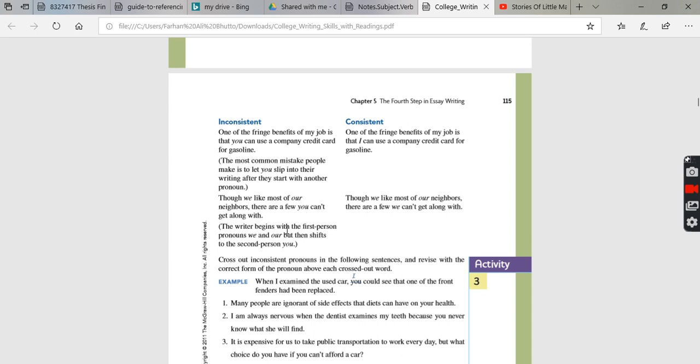So the writer begins with the first person pronouns we and our, but then shifts to the second person you. Correct sentence would be, though we like most of our neighbors, there are a few we can't get along with. Now see all these pronouns, we, our, we. So all first person plural. Okay, so they all are consistent.